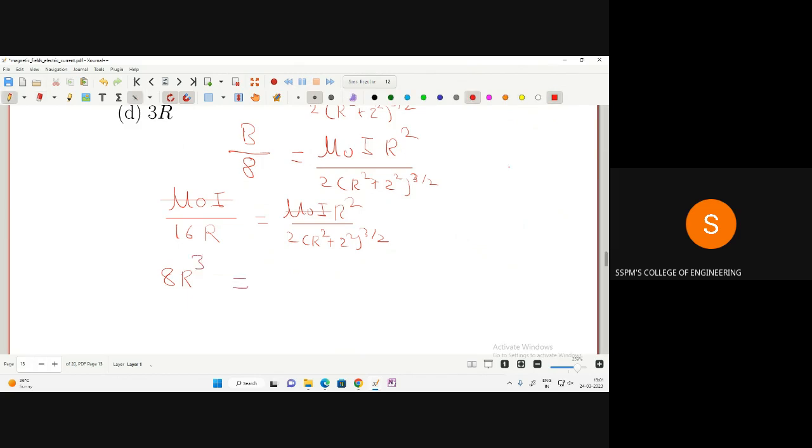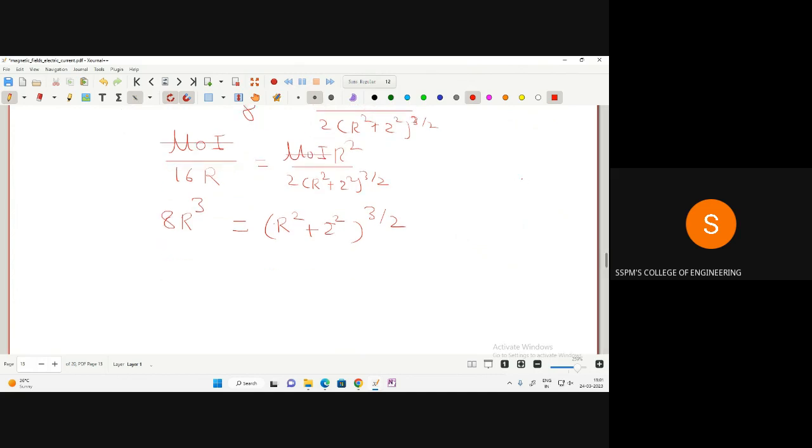8R cube is equal to R square plus Z square to the power 3 by 2. Then find out cube root of this equation. The cube root of the 8 is 2. And cube root of the R cube is R. 2R is equal to cube root of R square plus Z square to the power 3 by 2, that is R square plus Z square to the power half.